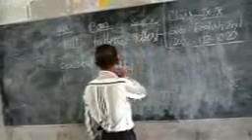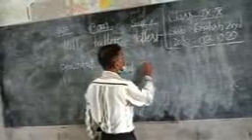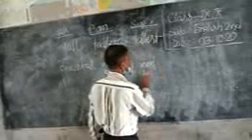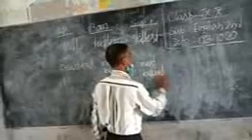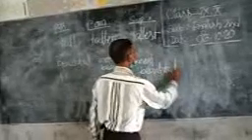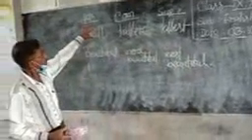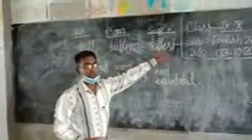And the superlative form of beautiful is most beautiful. So why? This is tall, taller and tallest.